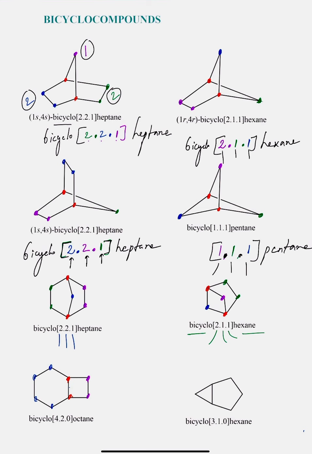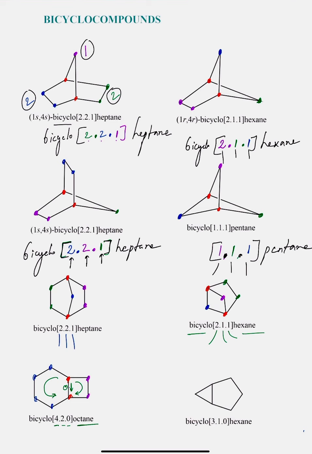Unlike the structures that we just dealt with, where there was at least one carbon on every side of the bridgehead carbons, see, this side had how many? It has 2, this has 4, but this doesn't have any, it has 0 that I have to mention. So in decreasing order it's 4, 2, 0. So the total number of carbons is 4 plus 2 is 6, plus 0 is 6, plus 2 bridgehead, so it becomes 8, so it's octane.